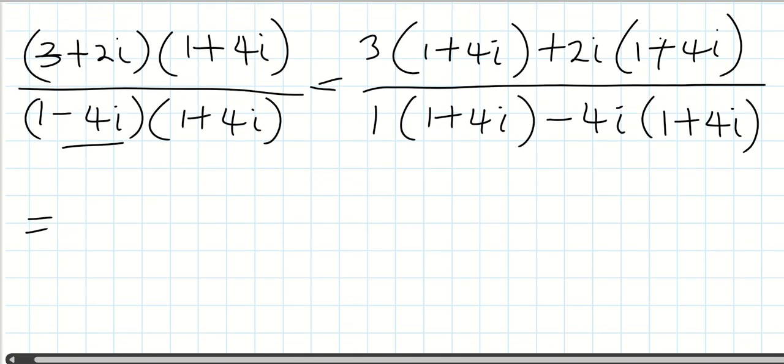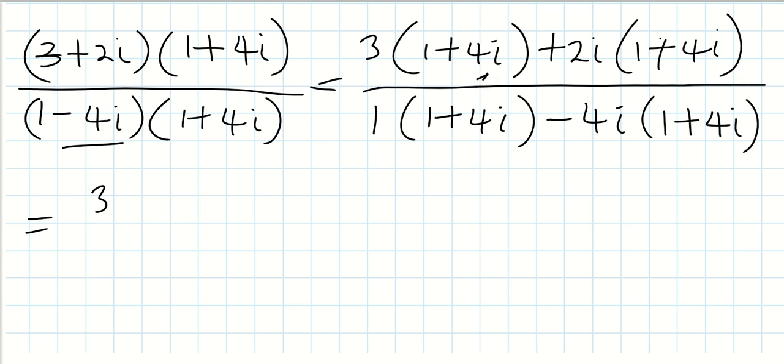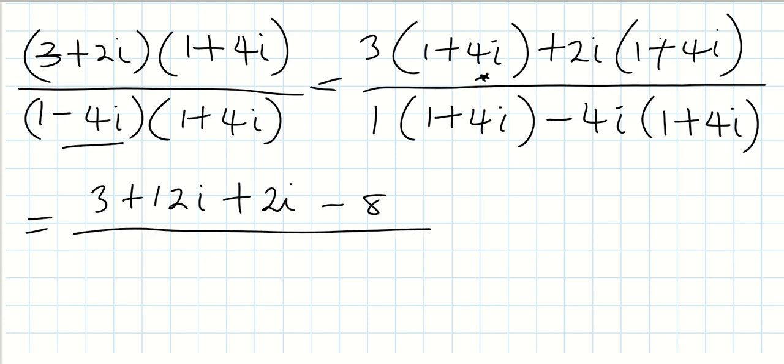So this is the same thing as 3 times 1 is 3, then 3 times 4i is 12i, plus 2i times 1 is plus 2i, then 2 times 4 is 8. i times i is i squared, and i squared is minus 1. So minus times plus, we have minus, divided by 1 times 1 is 1.